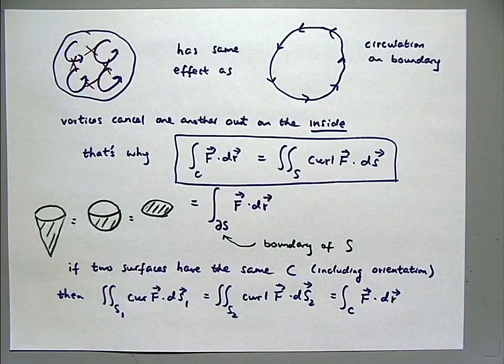And S is the upper half of a sphere of radius 3, right? Z is greater than or equal to 0, oriented outward. That tells us which way the normal vector that we will use is pointing on that surface.